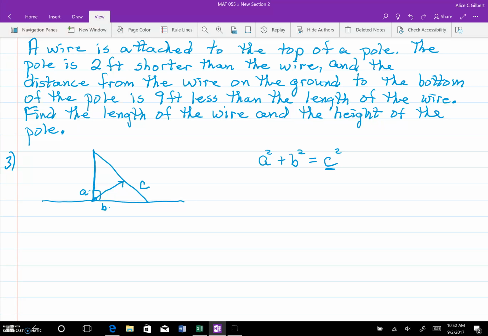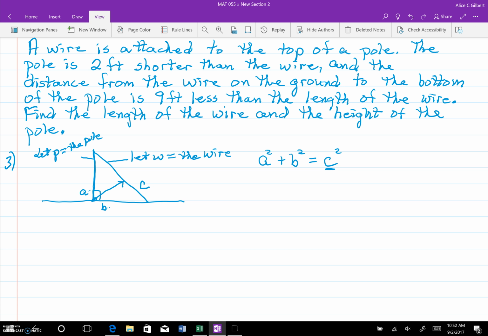Now let's go back and actually assign our variables. A wire is attached to the top of a pole. So I'm going to say let P equal the pole. That makes sense, doesn't it? And let W equal the wire.